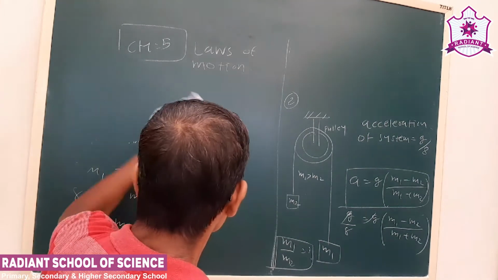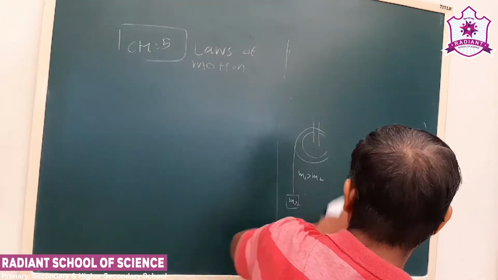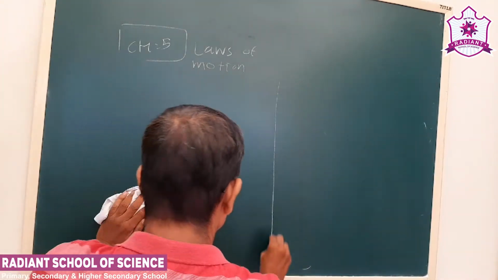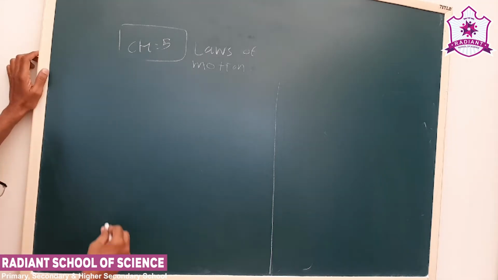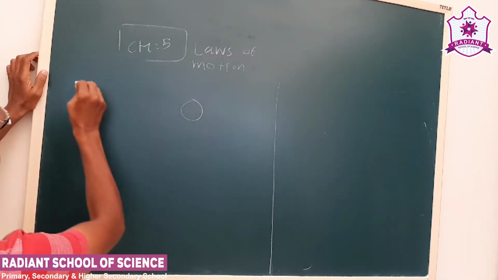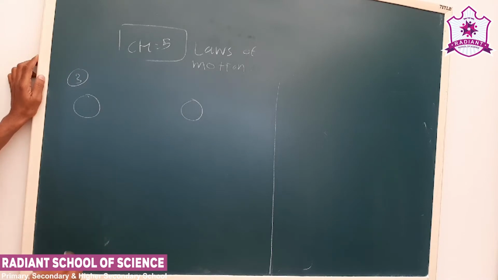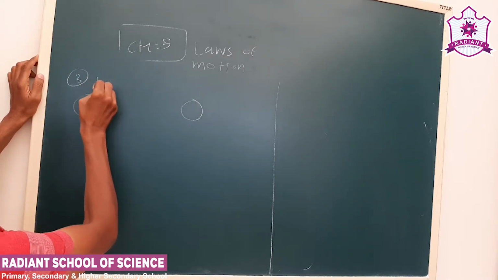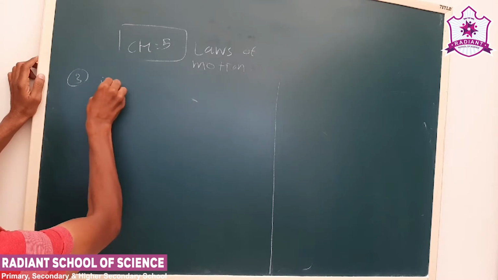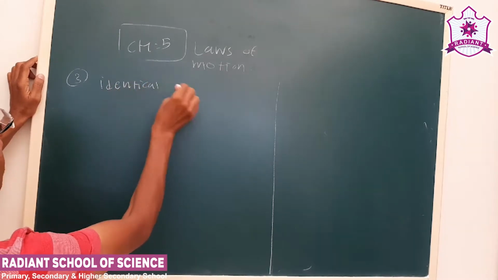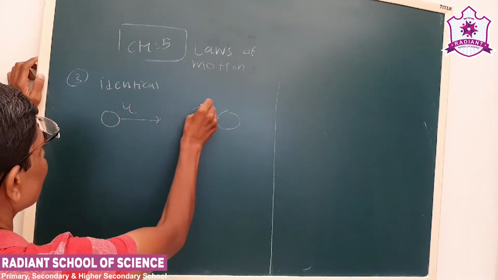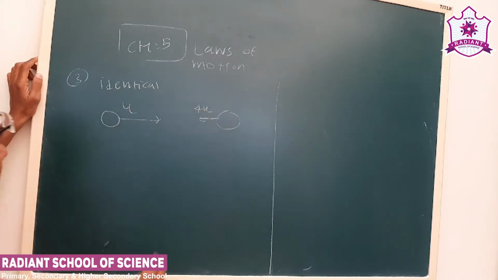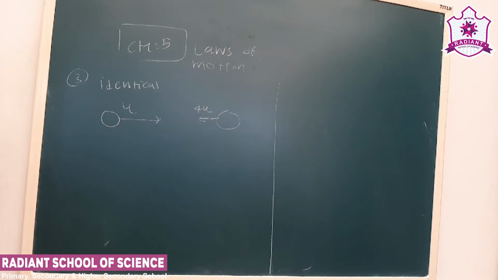Now see the next MCQ. Two identical cars move toward each other with initial speeds of u and 4u.